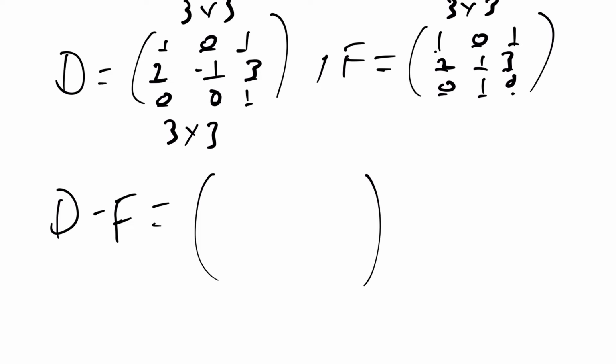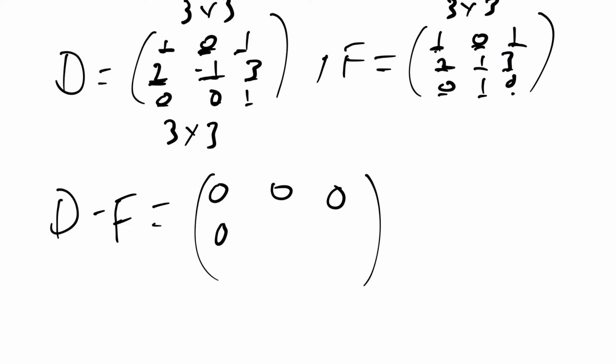In this case, we found earlier that these matrices are both 3 by 3 matrices. So we're going to say 1 minus 1, that's 0. 0 minus 0, that's 0. 1 minus 1, that's 0 again. 2 minus 2, that's 0.